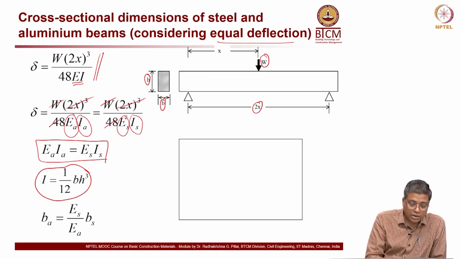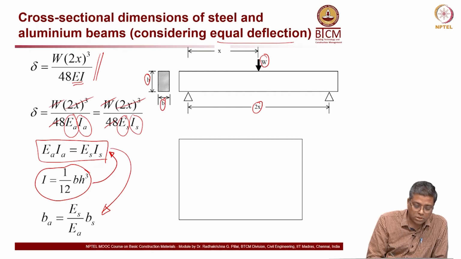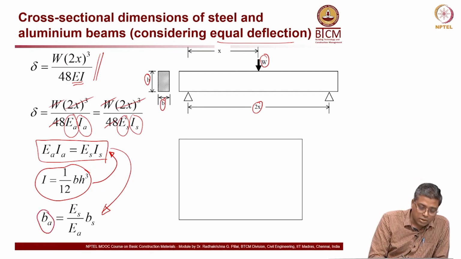If I substitute that into this equation, I get the width of the aluminum section required, which will be something like this.